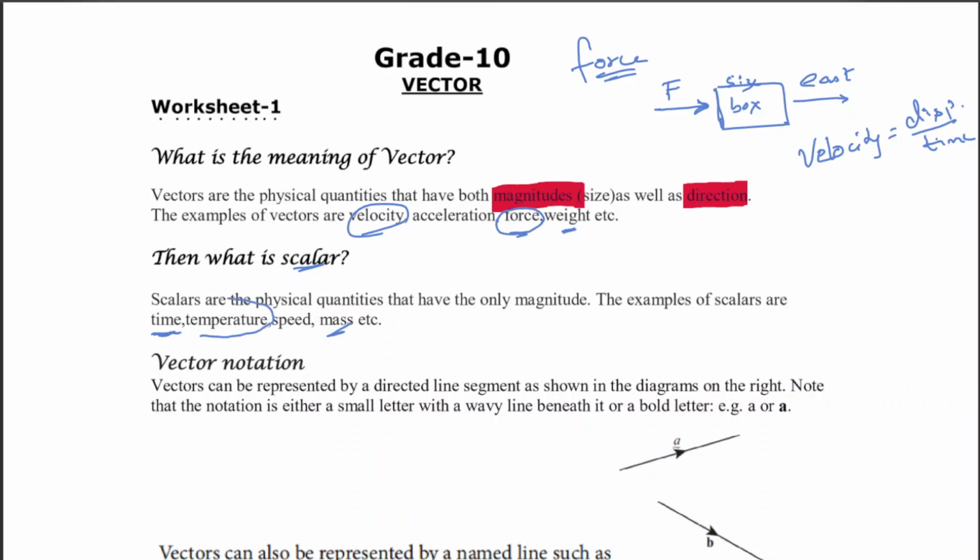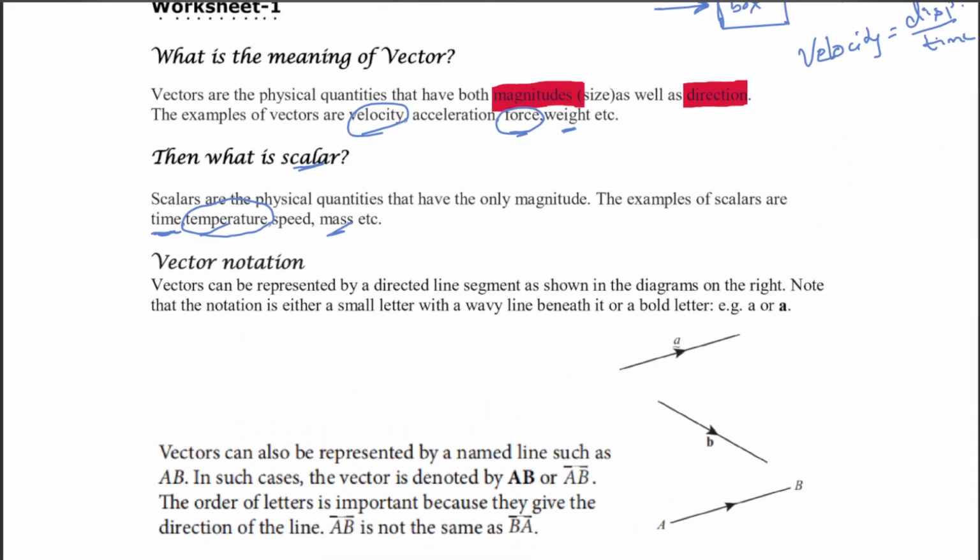In the same way we can't say that temperature is going left or right. So temperature, time, mass or speed, they don't have any direction. They only have magnitude, the amount or the size of itself. That's why we can say that these are scalar. I hope these things are clear.